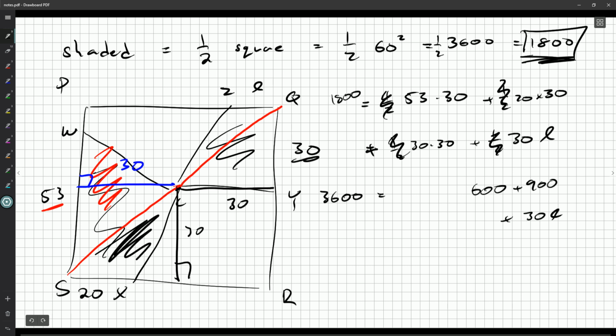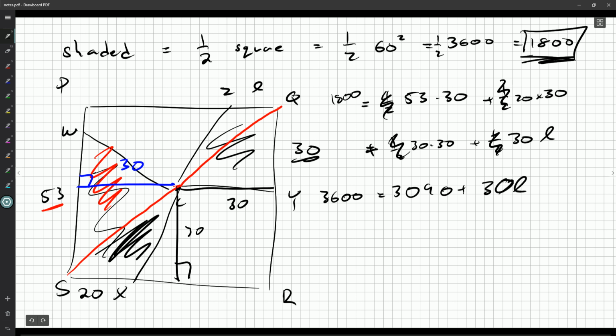We get 30L. 3 times 53 is 159, so 1,590. 600 and 900 is 1,500. 1,500 and 1,500 is 3,000. So we get 3,090 plus 30L has to be the same as 3,600.